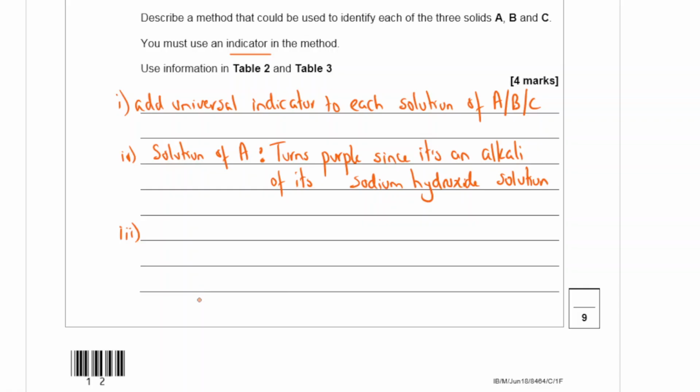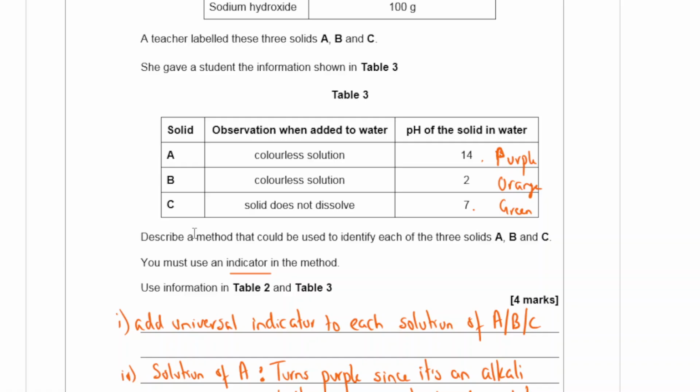3. Indicator turns, I'm going to actually change this. I've said orange, let's say red, right? 1 and 2 are mainly red anyway.